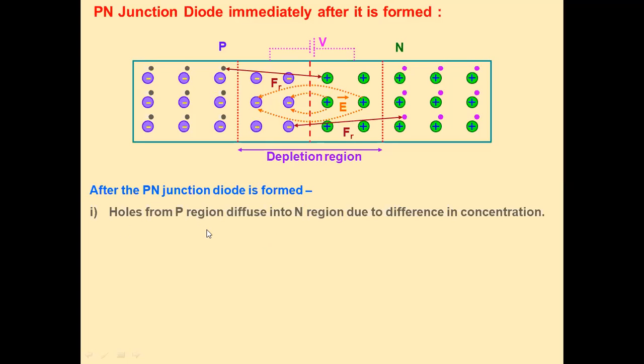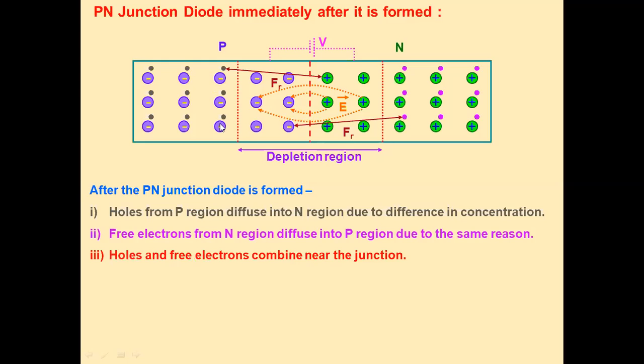The holes from the P region diffuse in the N region due to the difference in concentration. Similarly, the free electrons from N region diffuse in the P region due to the difference in concentration.